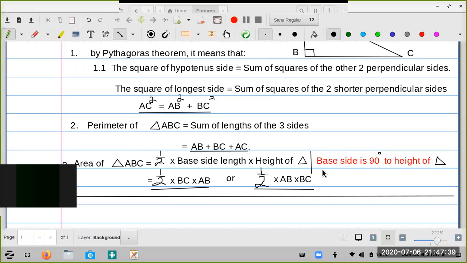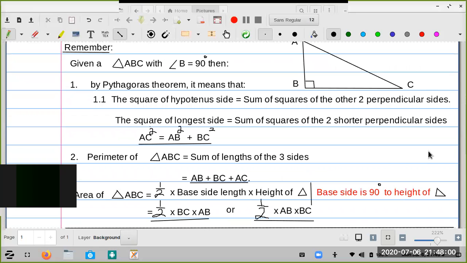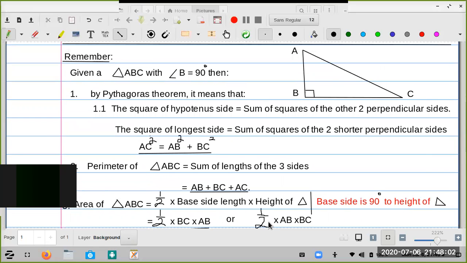So please note again this statement which is written in red: base side is 90 degrees to the height of the triangle, right? Then I've just substituted using triangle ABC. I've taken base side to be BC. And BC is perpendicular to what? AB. So it's half times BC times AB.